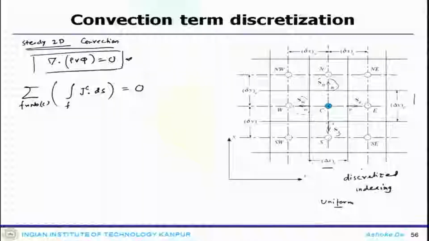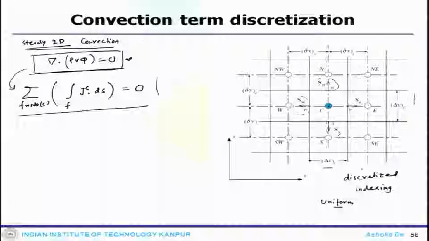These are the things that we have been doing every now and then, so from now onwards I will not go into such finer details. From this equation, if you take a volume integral, it gets converted to this, and this is where you end up getting an algebraic system.